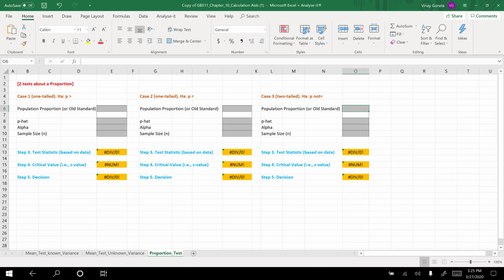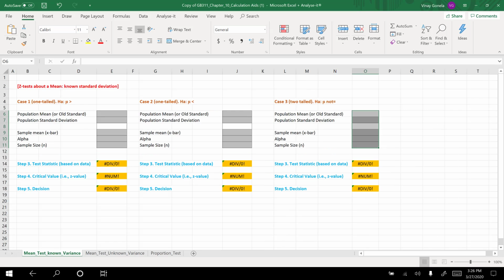Again we are dealing with a proportion test anyways. We are in the spreadsheet of the proportion test. We wanted to do a mean test with known variance. Again we wanted to do a two-tail, so this is our interest.